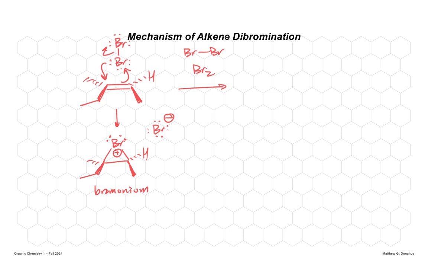And so now you've blocked one face. The nucleophile is then going to attack from the other face. So it can do essentially either or.